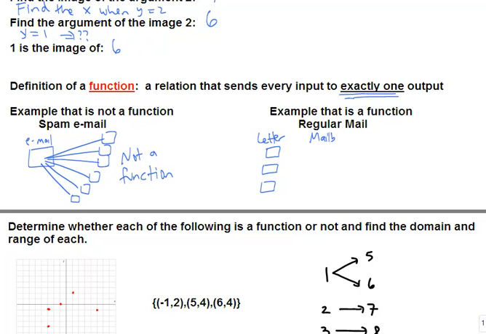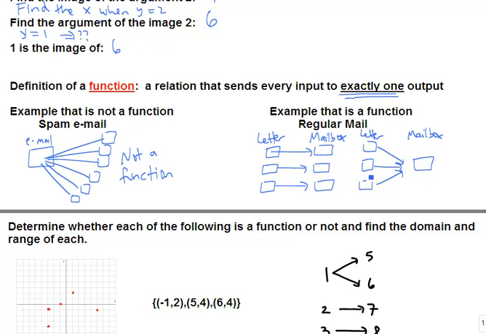If you have a letter coming in the mail, it can only get put into a single mailbox. Now you could have all these different letters getting sent to different mailboxes. That would be fine. Or you could have various letters all getting sent to the same mailbox. You get lots of pieces of mail at one time.